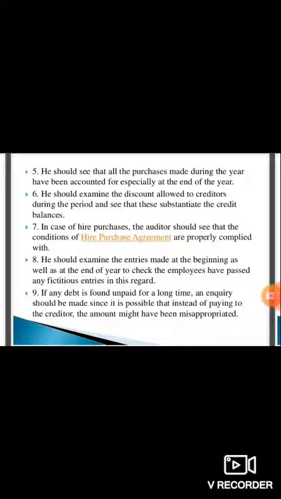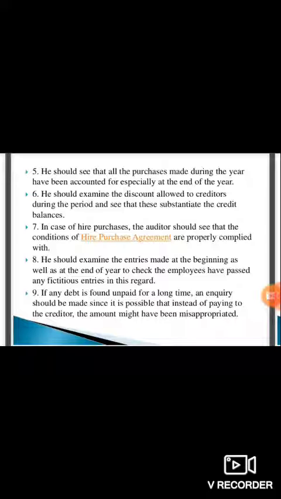Are there any fictitious entries made by the employees to show increased cost for reducing the profits? This is very important in trade creditors valuation and verification.